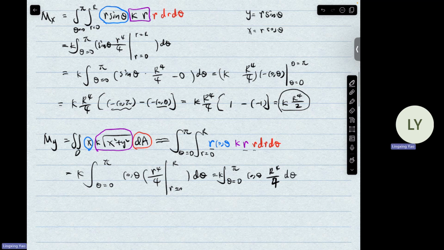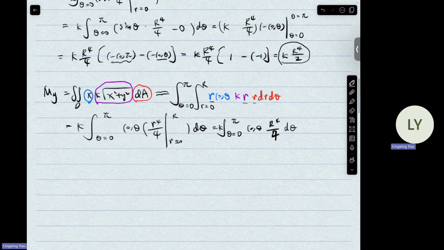And then we integrate about theta. So cosine theta has the antiderivative of sine theta. So sine theta, and then we have constant k and R to the 4 over 4.